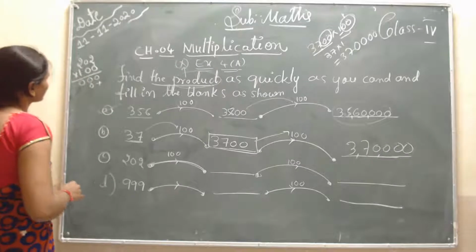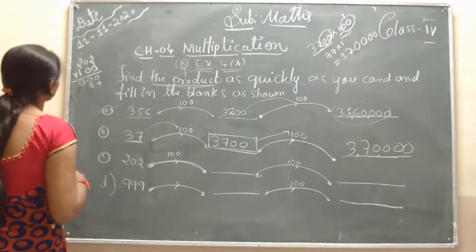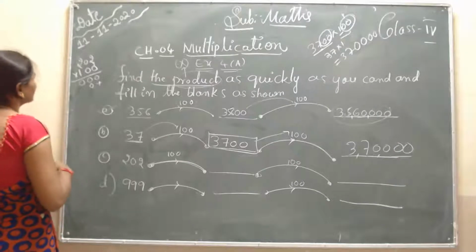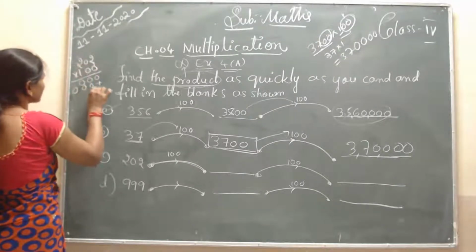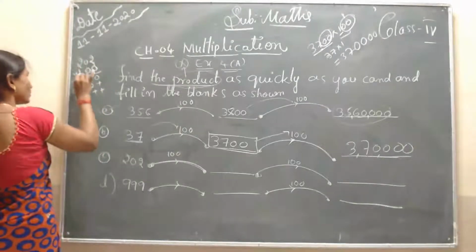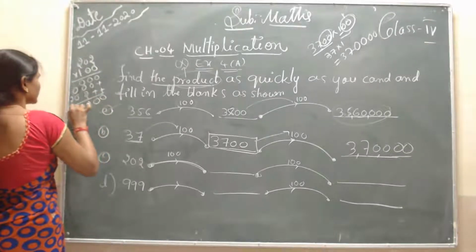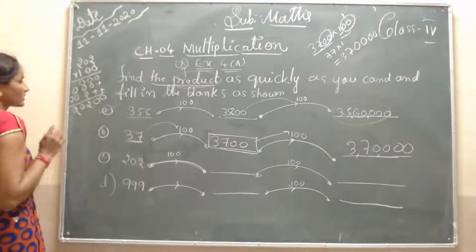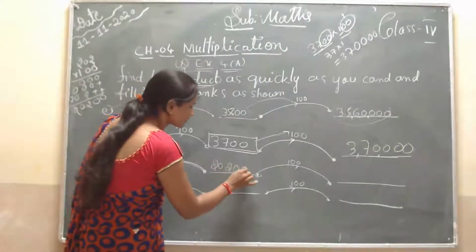So happy students. Next, 0 into 0. Last, 1 into 2, 2. 1 0 0 1 into 2. Yes students, what is the answer? It is 20,200.